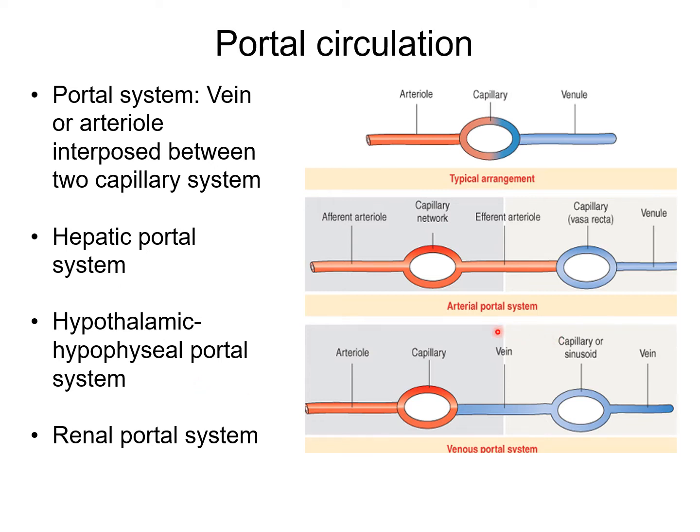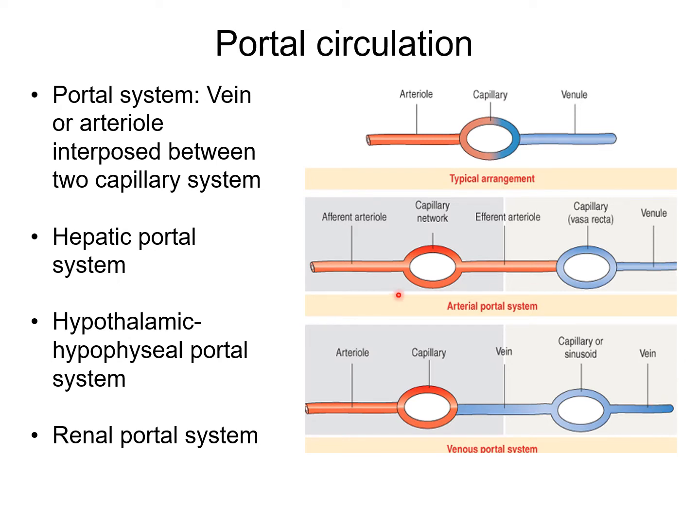So there are arterial portal systems and venous portal systems. Basically, either an artery divides into capillaries or a vein divides into capillaries, and they rejoin to form bigger veins or bigger arteries.